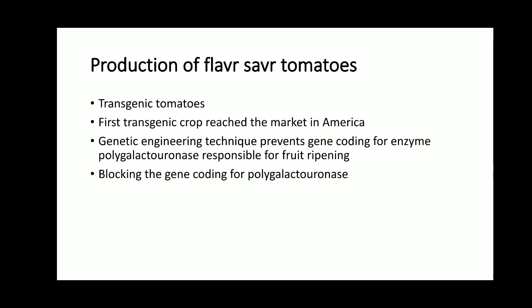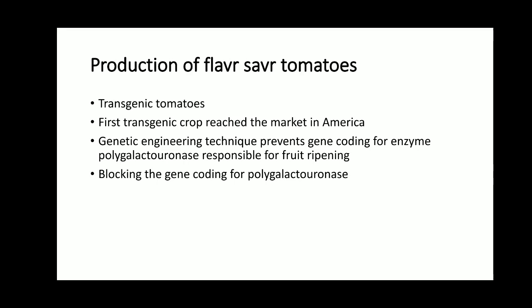So in order to maintain the stability as well as firmness and to save the flavor of these tomatoes, biotechnology has developed a technique to delay the fruit ripening of these flavor savor tomatoes. That is by blocking the gene coding for the polygalacturonase enzyme.